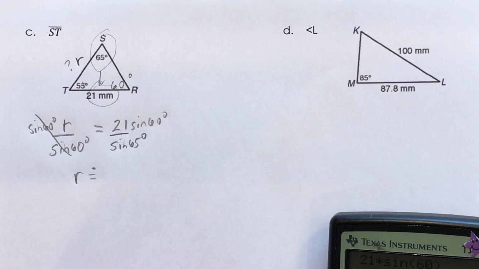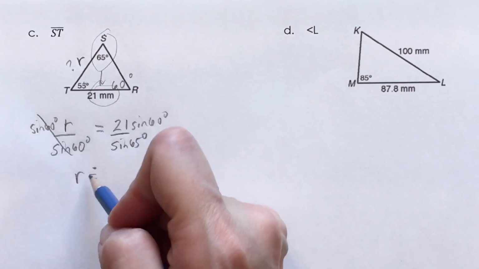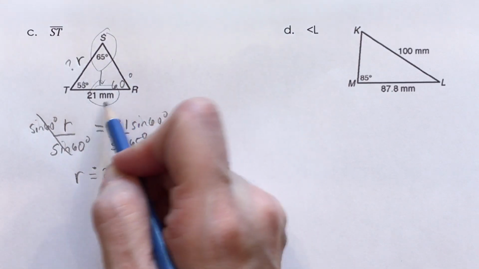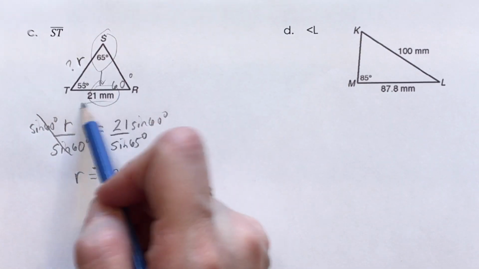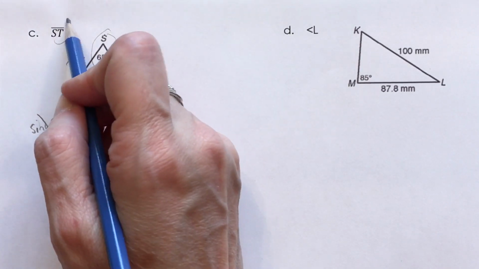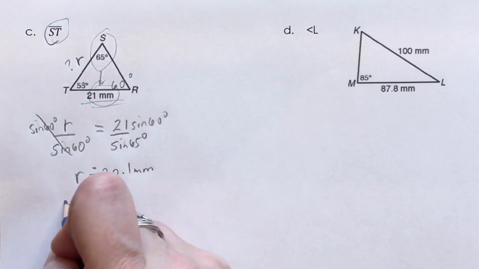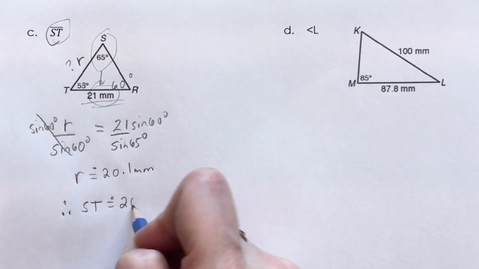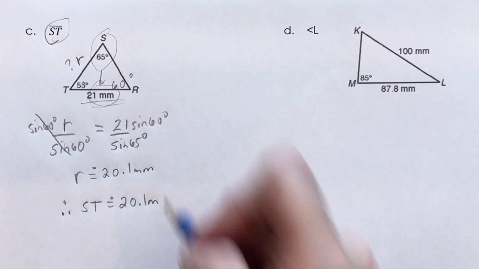And I get approximately 20.1, a side length, 20.1 millimeters, since that was what the sides were measured in for this question. And since they asked me for ST specifically, I'd go a step further and say therefore ST is approximately 20.1 millimeters.